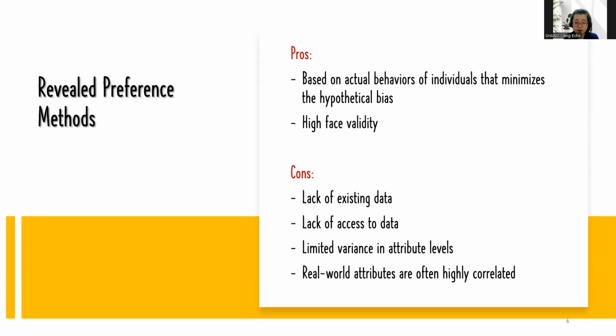If we use the revealed preference method relying on real products, their attributes are often correlated, like price and quality. In most cases, high price correlates with good quality. If we want to buy a high quality iPhone, we need to pay a relatively higher price than for other ordinary iPhones. So it's very difficult for us to isolate or distinguish these effects using the revealed preference method.